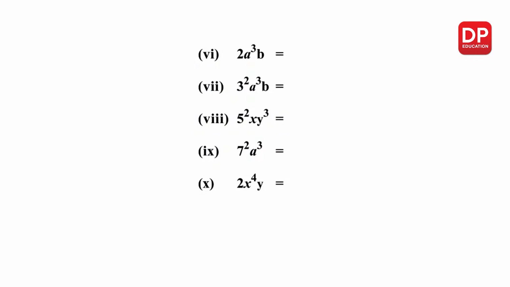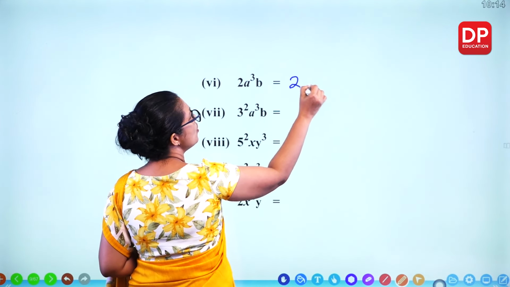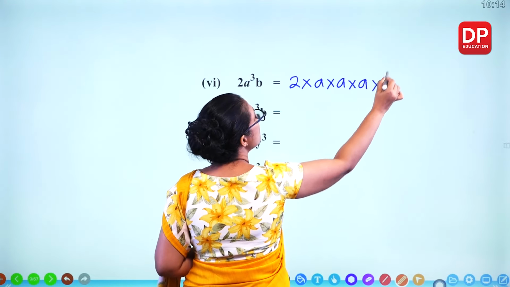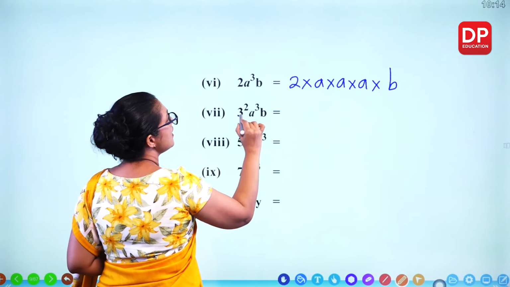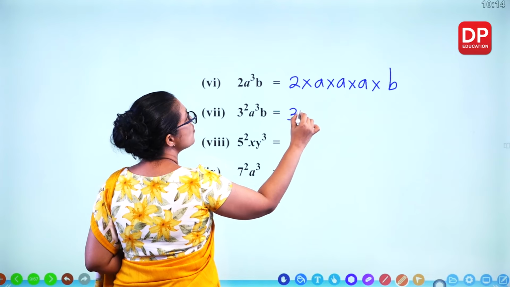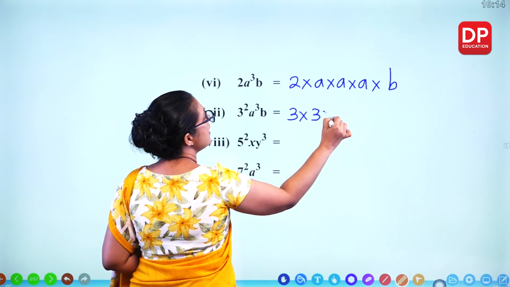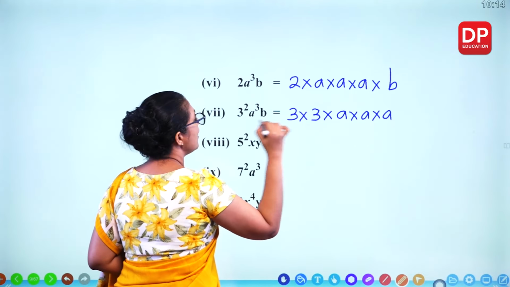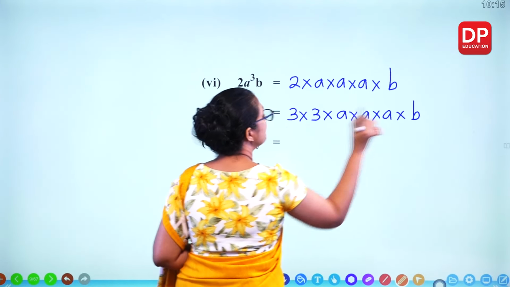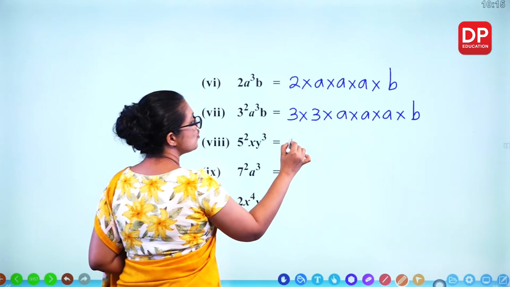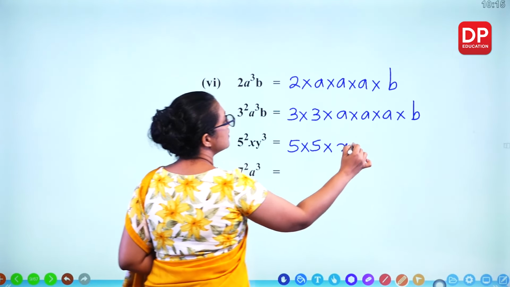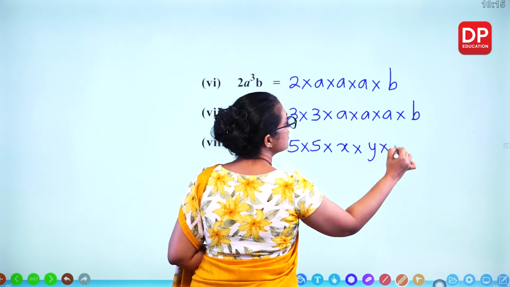This one you write 2. 3 a's are there. So you write 3 a's and 1 b. Here 3 twice and a thrice and 1 b. Here 5 2 times. 1 x, 3 y's.